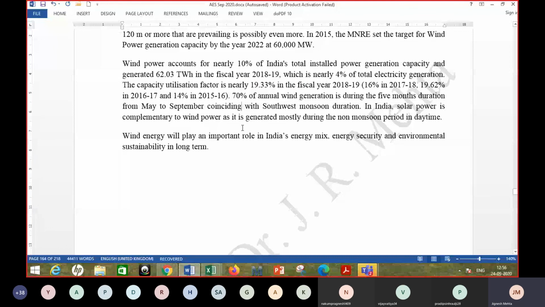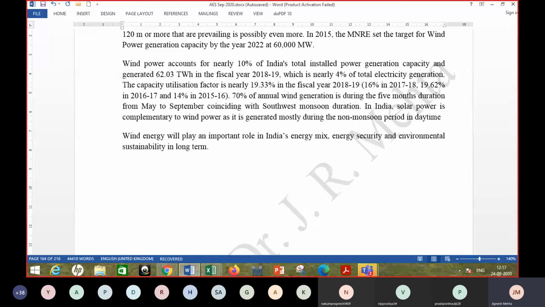70% of annual wind generation is during the 5 months from May to September, coinciding with the southwest monsoon. This is also an important understanding. In India, solar power is complementary to wind power, as it is generated mostly during the non-monsoon daytime period.